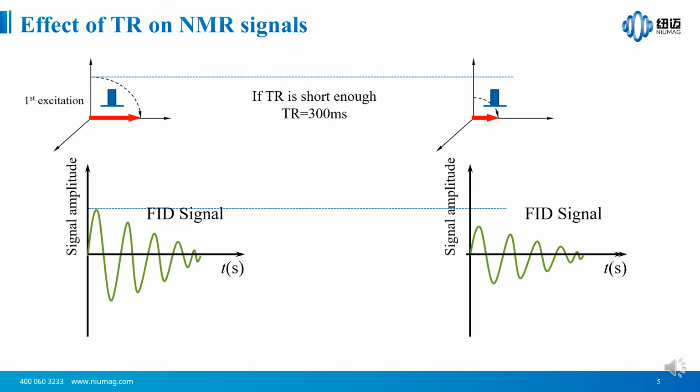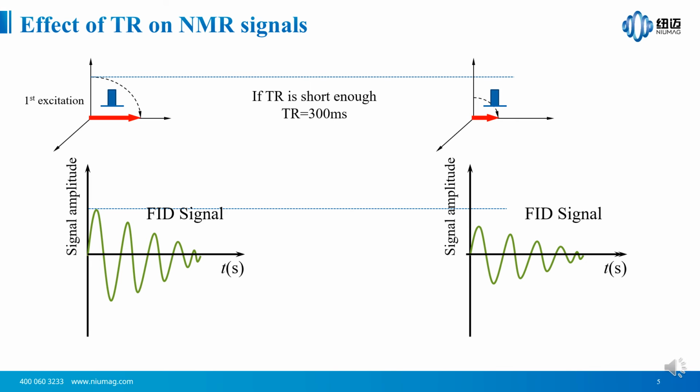Then we wait for the TR time, and this time we set the TR to be shorter, for example, TR equals 300 milliseconds. After waiting for TR time, the longitudinal magnetization vector is only partially recovered.